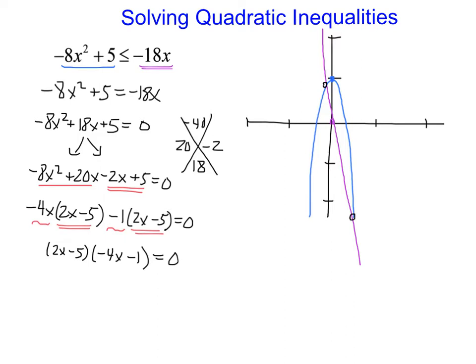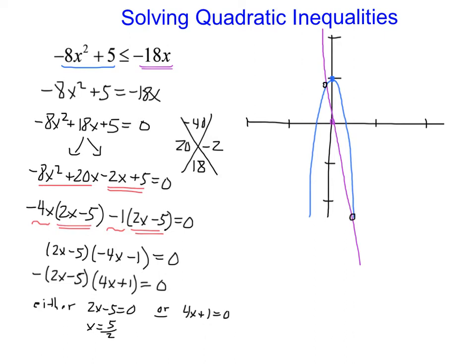And I'm going to factor out the negative 1 from this one over here, so that becomes 4x plus 1, and that negative 1 can just go on the outside there. Alright, and this is going to help me solve it. So either this is 0 or this is 0. And both of those are just linear equations, so move the 5 over, divide by 2, and you get positive 5 over 2.